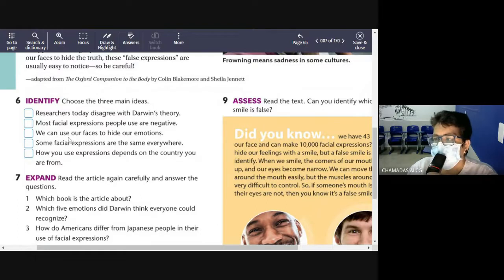We can use our faces to hide our emotions. Some facial expressions are the same everywhere. How you use expressions depends on the country you are from.